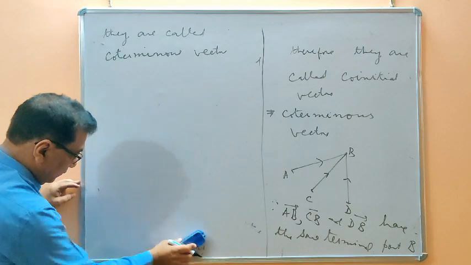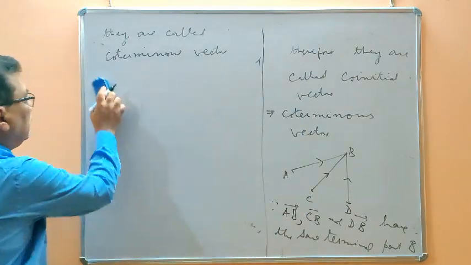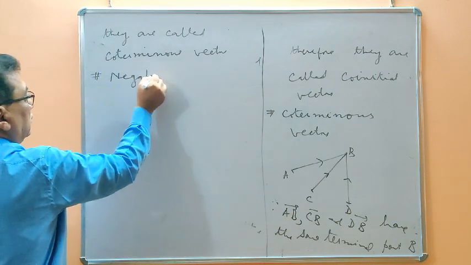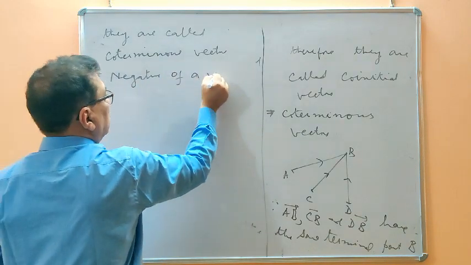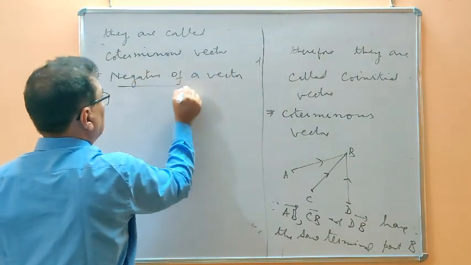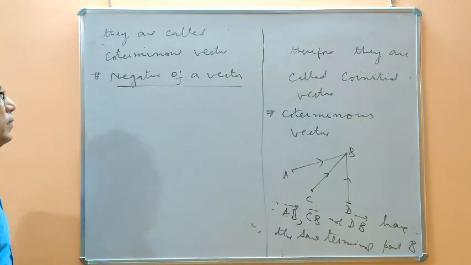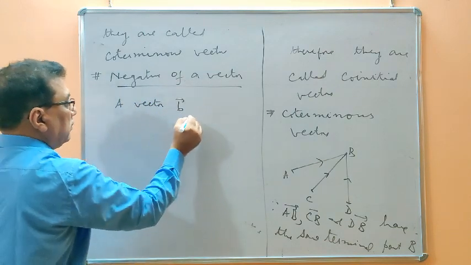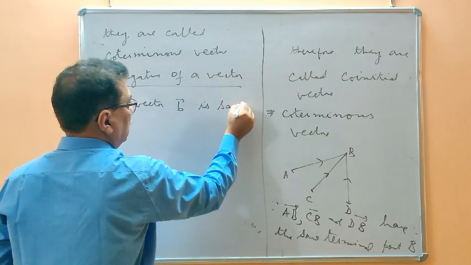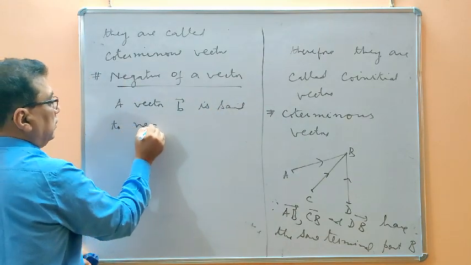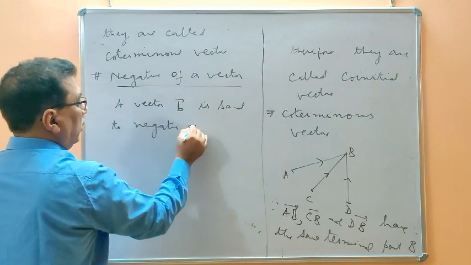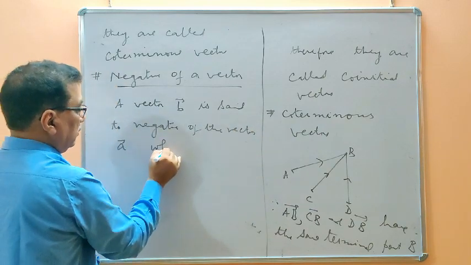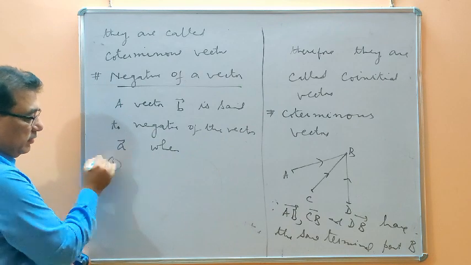Then we have negative of a vector. A vector B is said to be negative of the vector A when there are two conditions here.